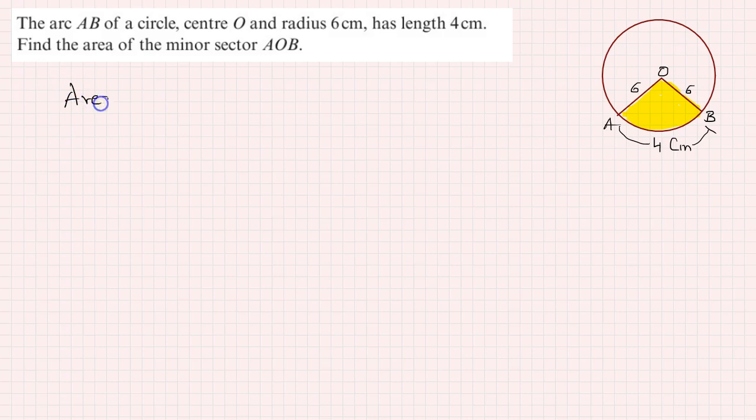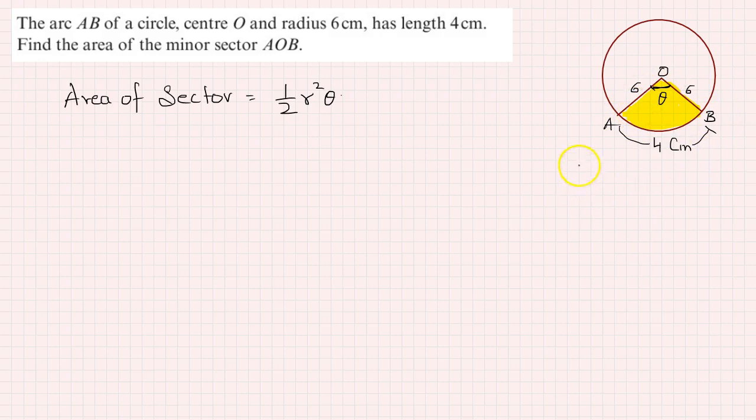Now we know that the area of a sector is equal to half r square theta. We don't know what this theta is. We know r is 6, but we know this length.